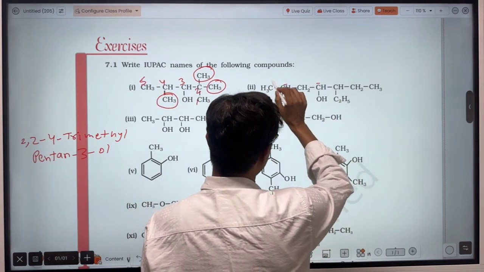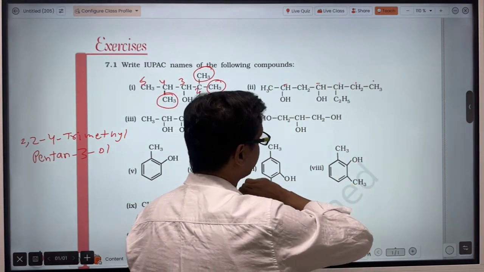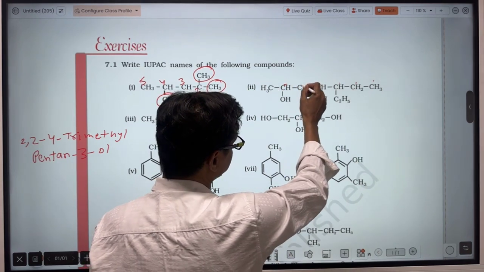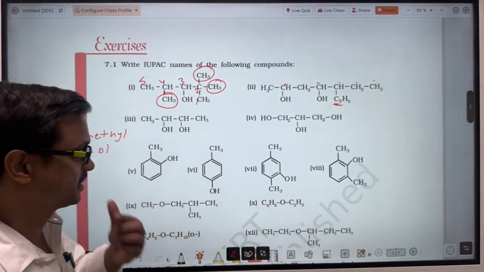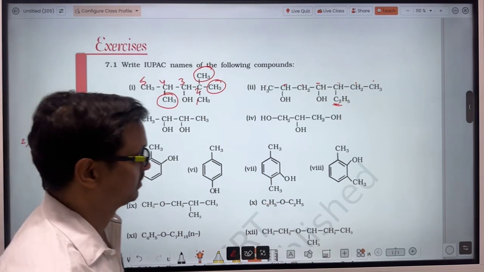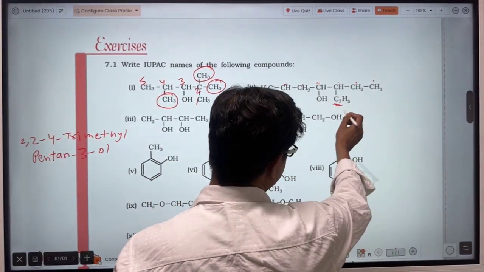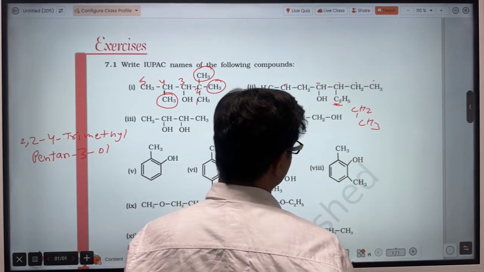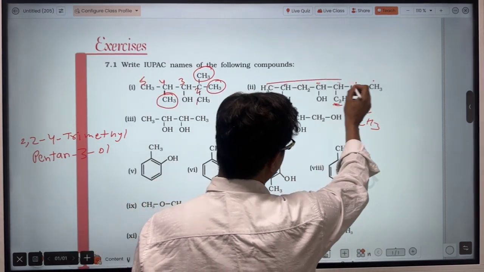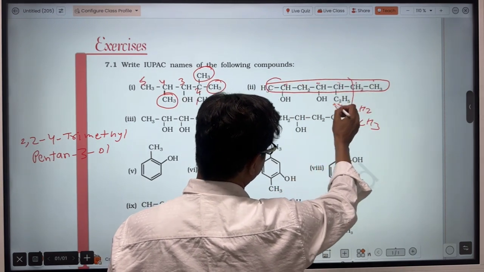Now this side 1, 2, 3, 4, 5, 6, 7, and here also 1, 2, 3, 4, 5, 6, 7, because C2H5 means there are 2 carbons. C2H5 is actually CH2CH3. So you can go in this direction or you can come in this direction also.